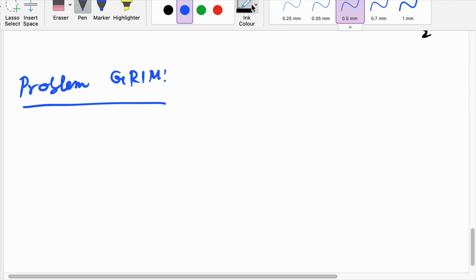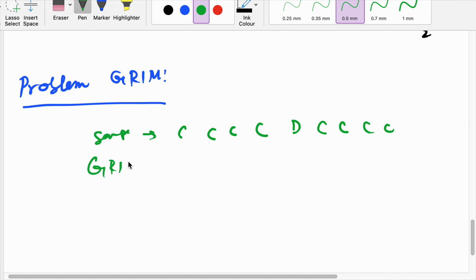But if a green player plays against him, green will start with cooperation, then cooperate, then cooperate. Now here also it cooperates, but after seeing defection it will always defect, it will never cooperate again.